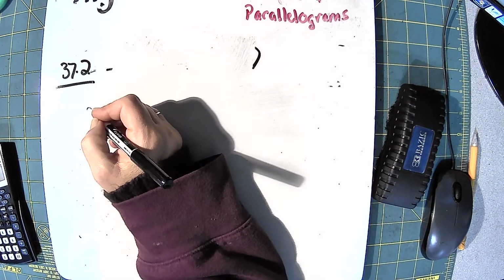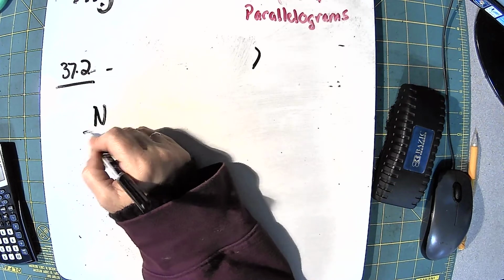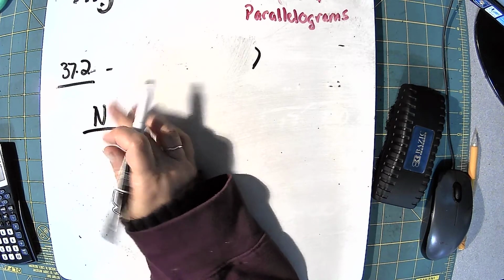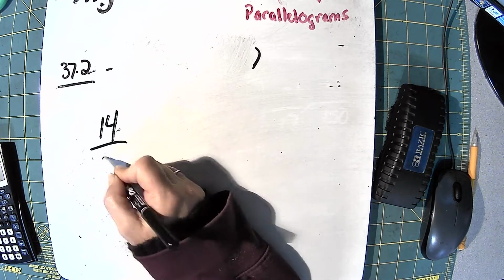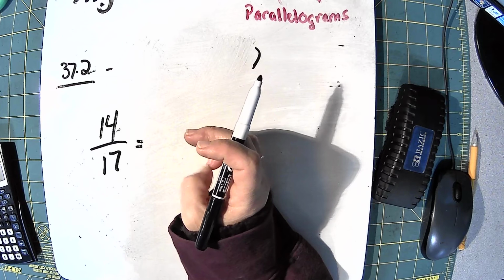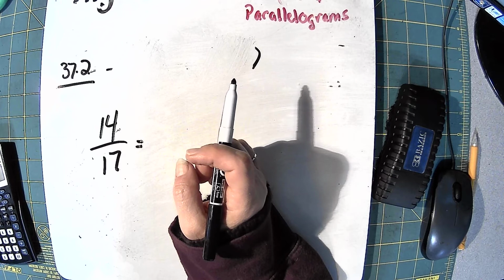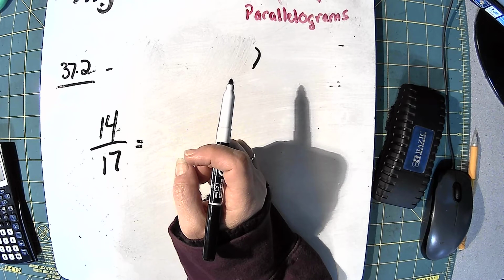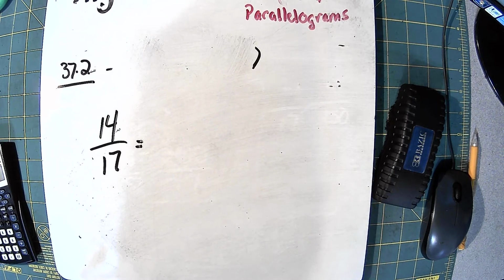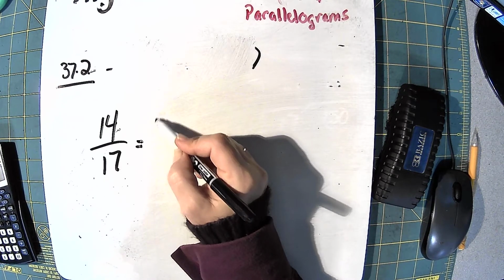All right, so I had 14 over 17 equals... I am supposed to be finding the hydrogen. Oh, I'm supposed to be finding the nitrogen. That was the problem. So my 14 is my N.